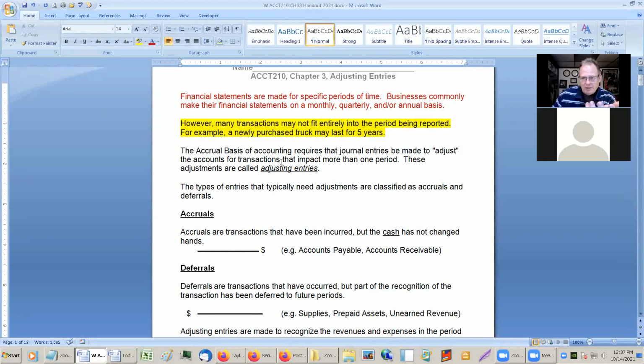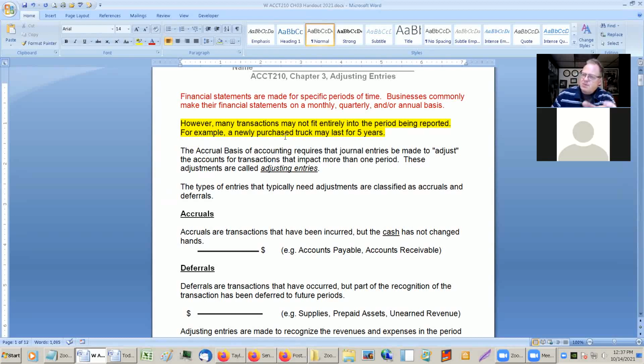You're bringing in the journal entries for this year, 2021. You have this truck that's going to last for many years. So you have to get that transaction somehow into this year, and not just purchasing the truck, but as you use the truck.